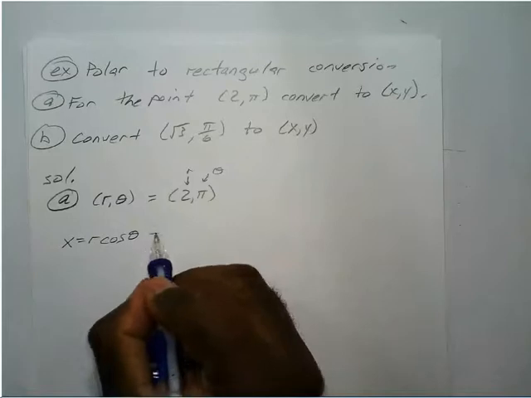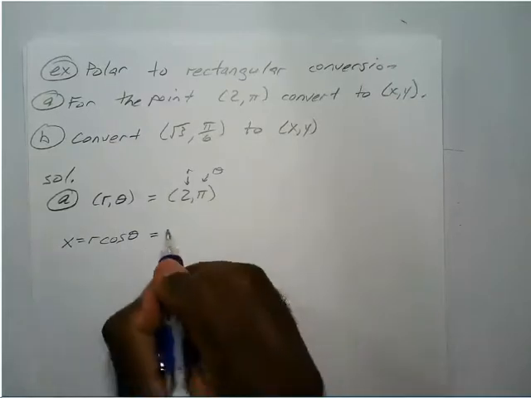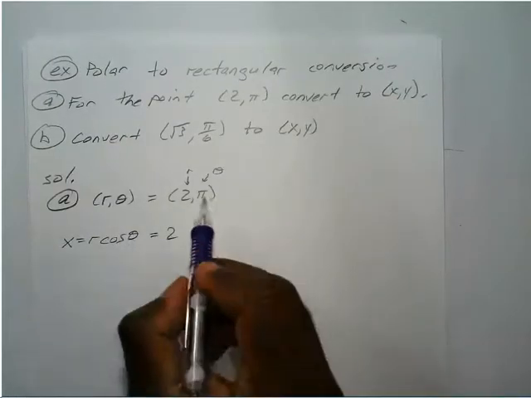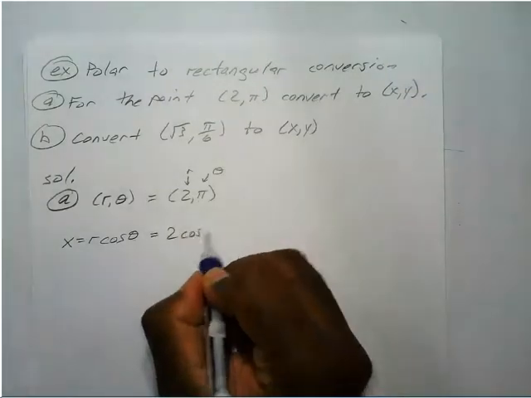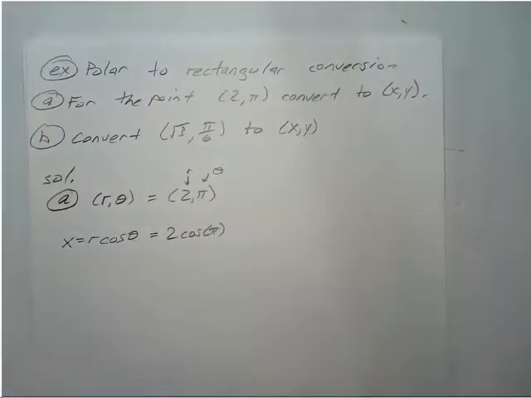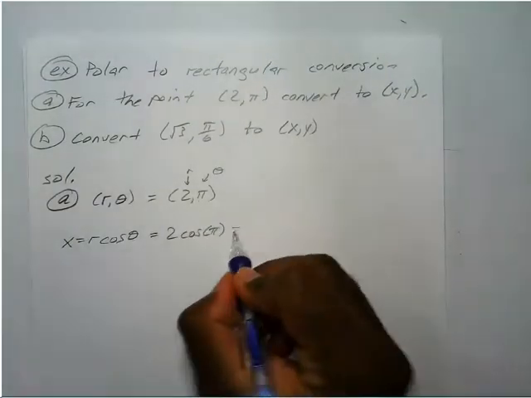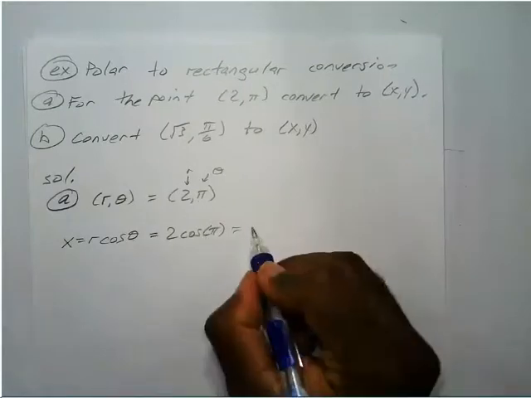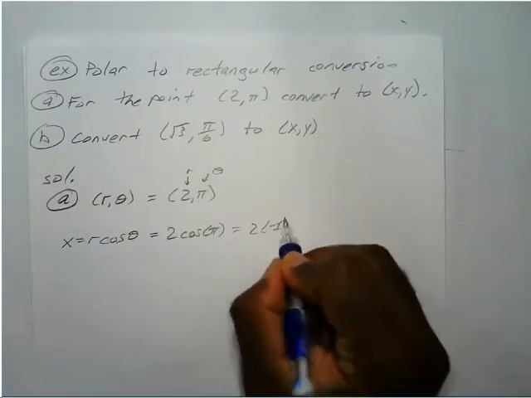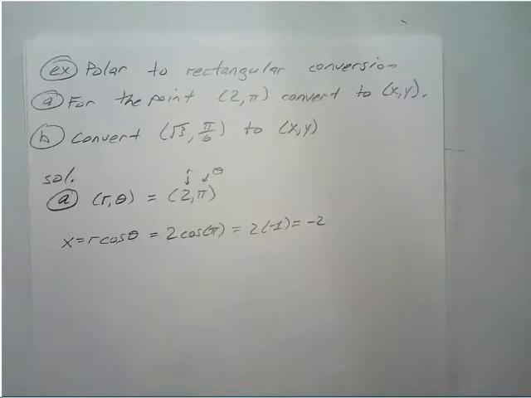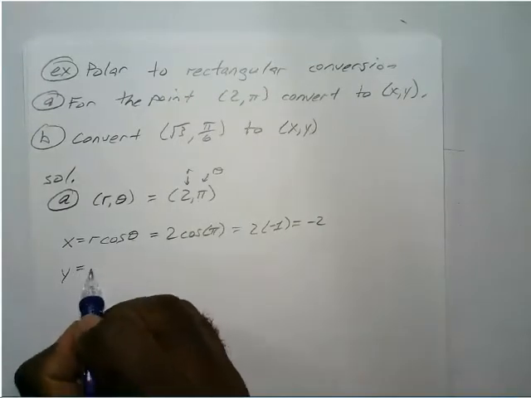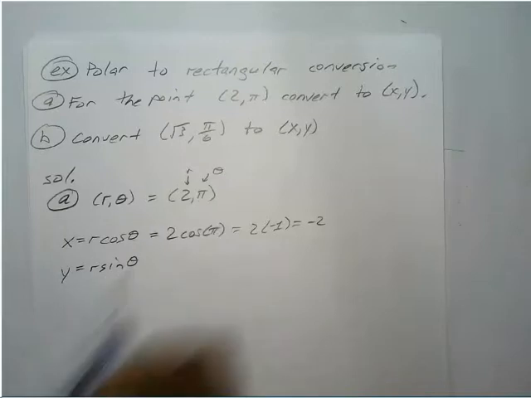Okay, so our r is equal to 2, and cosine theta just becomes cosine pi. Since cosine pi is equal to -1, that's 2 times -1, which is negative 2. So we see that y is equal to r sine of theta.